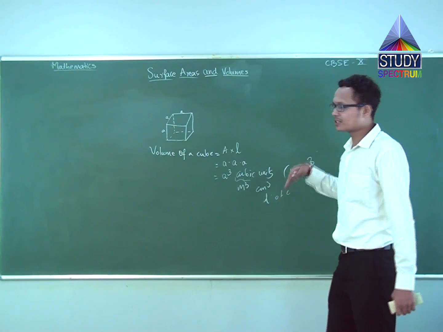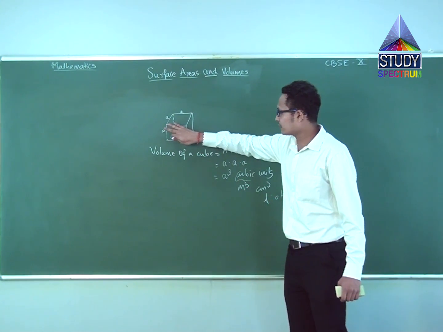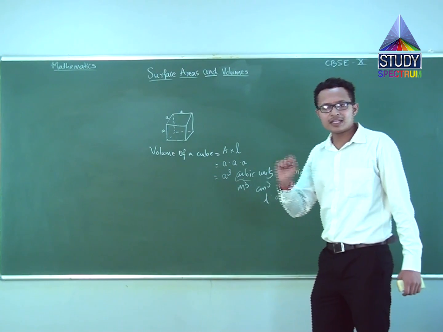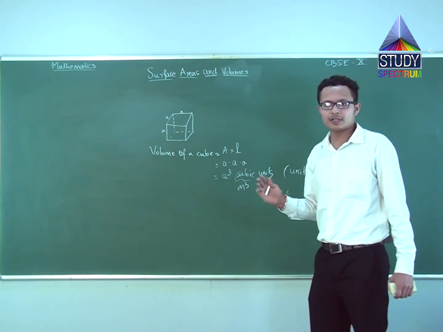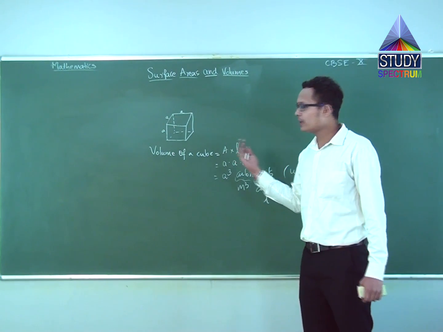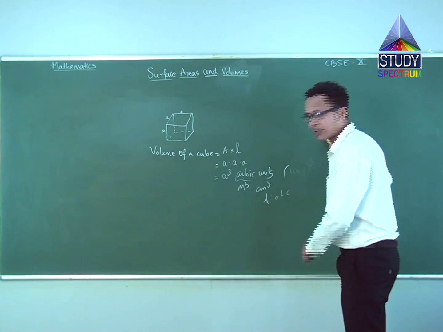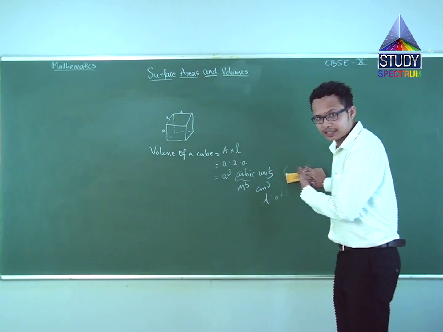Well, again, there's a difference between a cube and a cuboid. In a cuboid, we don't have all the edge lengths equal. If the length of any one edge differs, then it becomes a cuboid. That's the basic difference between a cube and a cuboid. I'll draw a cuboid now.